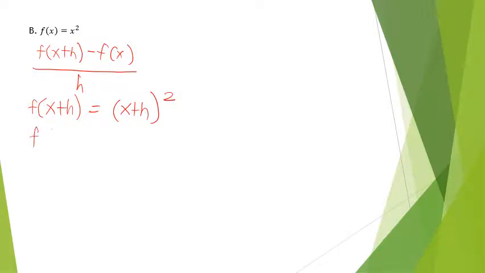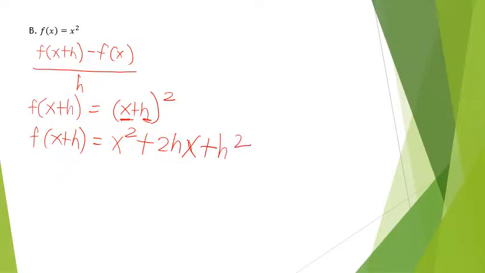Evaluate natin sa kanan. Square of binomial. Square the first term, x squared. Itong first term, ito ang second term ha. And then, multiply the first term and the second term times 2. So, x times h times 2, 2hx. Plus, square the last, h squared. Apply the square of binomial.